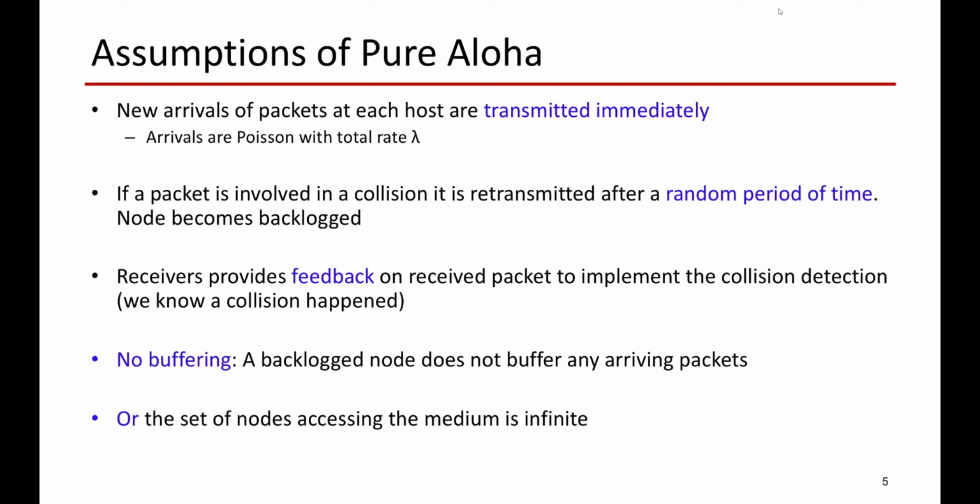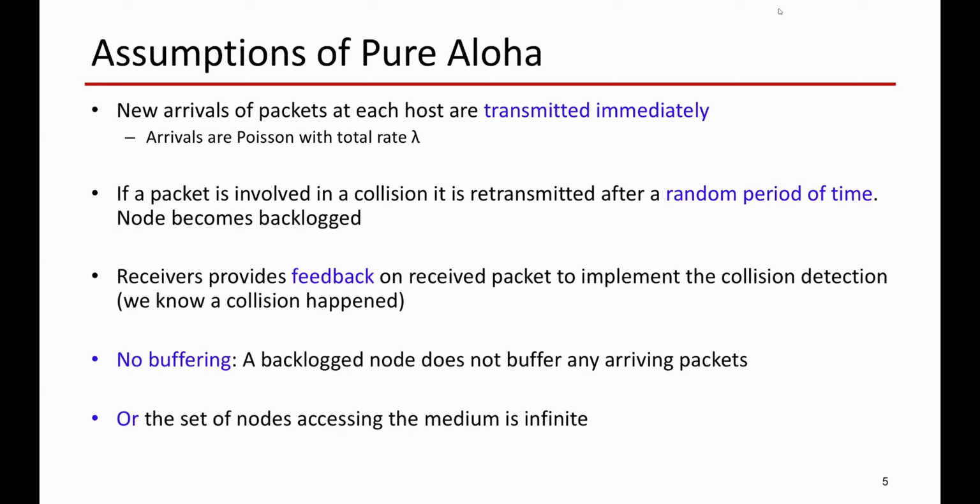And the receiver provides feedback on the received packet to implement collision detection. If I receive the ACK properly, meaning my packet is delivered properly. If not, I don't receive it, meaning I'm waiting for my timeout, or sometimes I can get a NAK. NAK is negative acknowledgement, meaning that packet wasn't delivered properly. And there's no buffering. A backlogged node does not buffer any newly arriving packets.